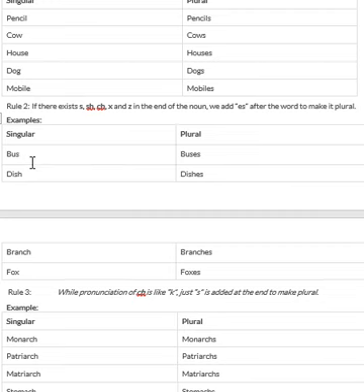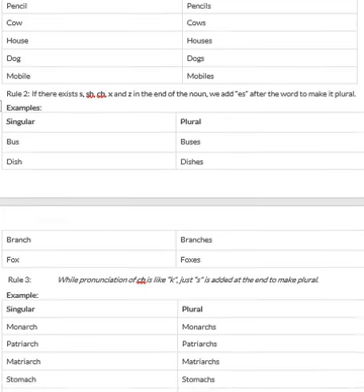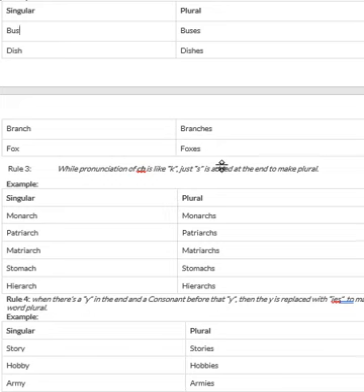The last letter of the word bus is S. Whenever the last letter of the word is S, SH, CH, X and Z, we will put ES in place of S. Bus becomes buses, bus plus ES. Dish becomes dishes, dish plus ES. Branch becomes branches, branch plus ES. Fox becomes foxes, fox plus ES. I hope you are understanding.